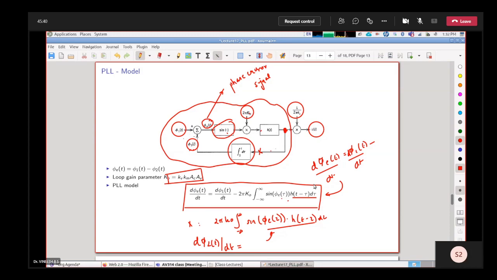There is a lot of other material that you can look at for understanding PLL design in much more detail, but we are not going into that much detail in this particular course. We will look at this kind of an idealized analysis. So what we will do is linearize the PLL and look at the linear model and try to see whether phi e of t will go to 0 for that linear model. What are the conditions under which that happens? How should the loop filter be, and all that.